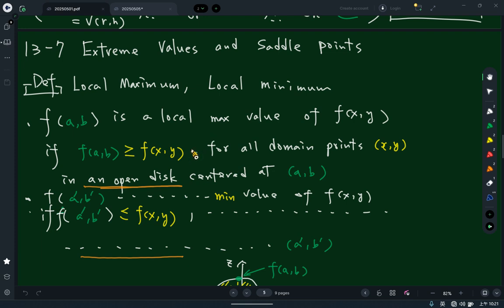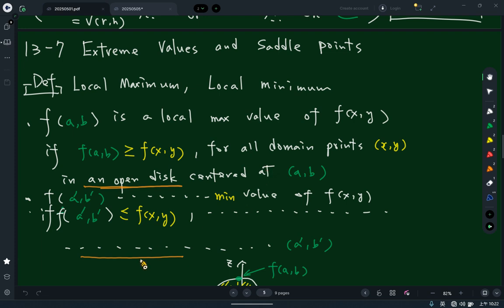In this case, if we say f of a, b provides a local maxima value, then any point neighboring (a, b) will provide a value which is less than f of a, b, so we say f of a, b provides a local maxima value.